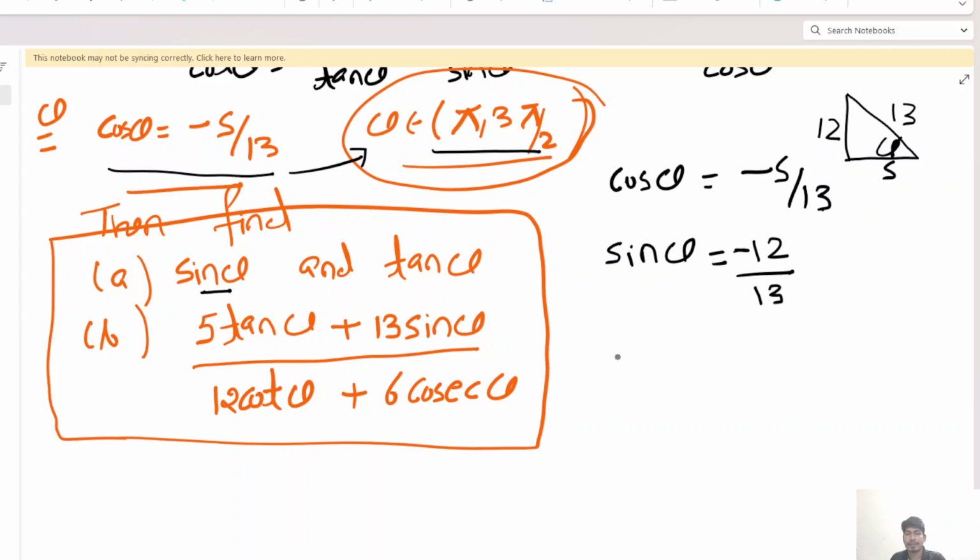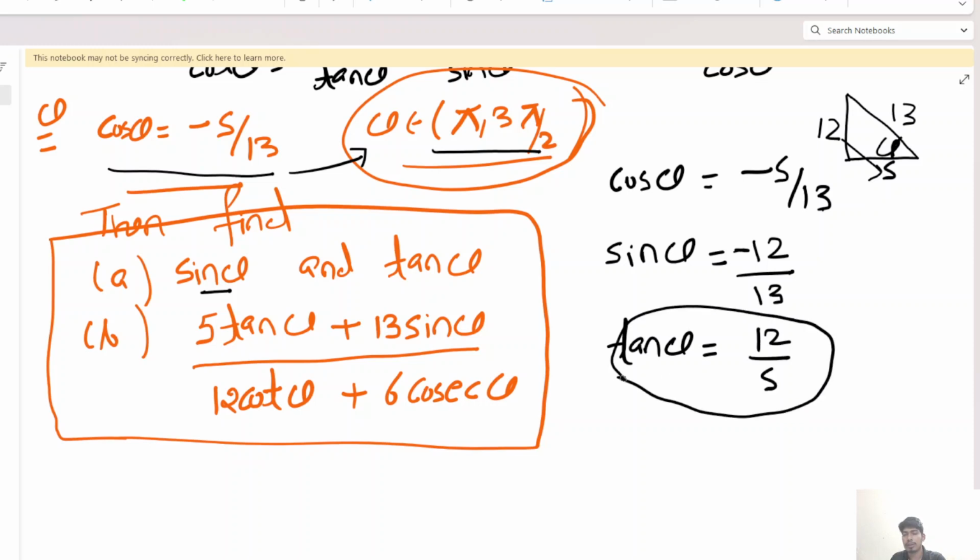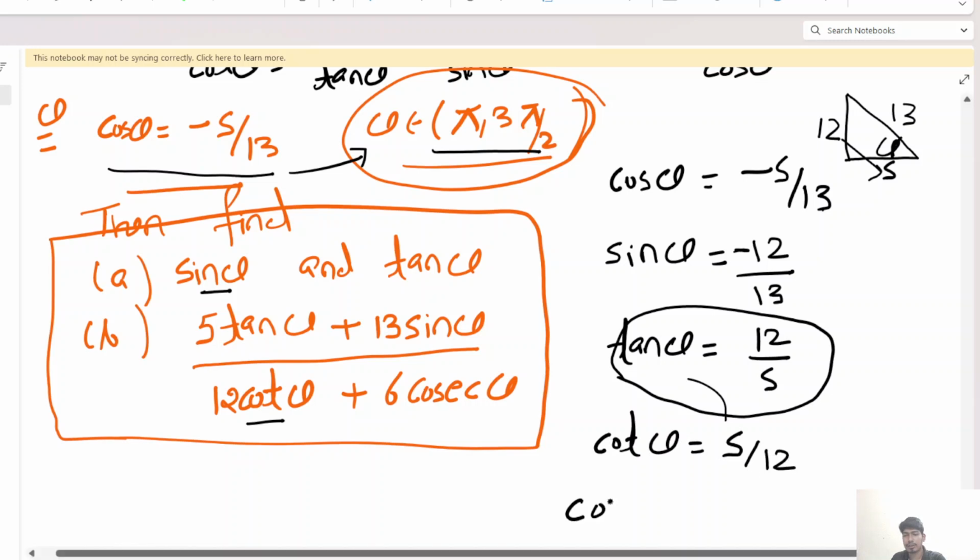Tan theta is perpendicular divided by base, 12 upon 5, and this is positive because tan theta is positive in the third quadrant. Similarly cot theta is 5 upon 12, and cosec theta is minus 13 upon 12.